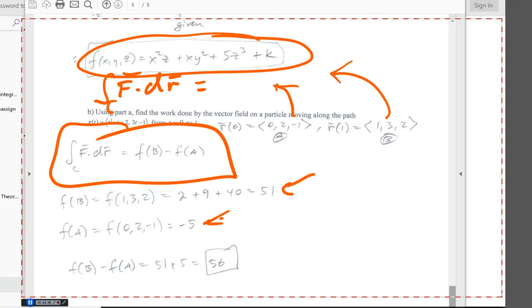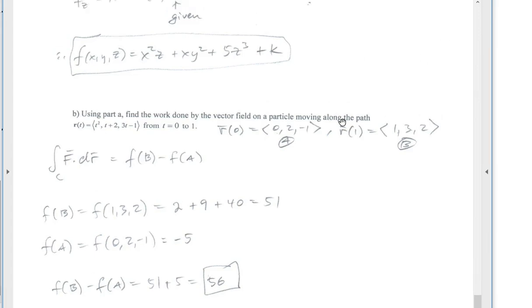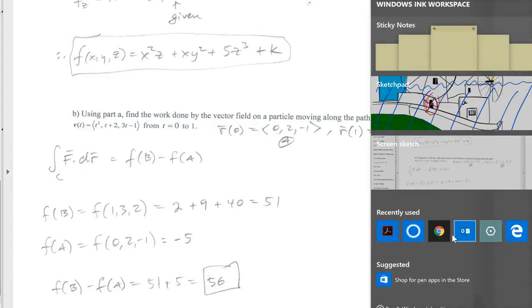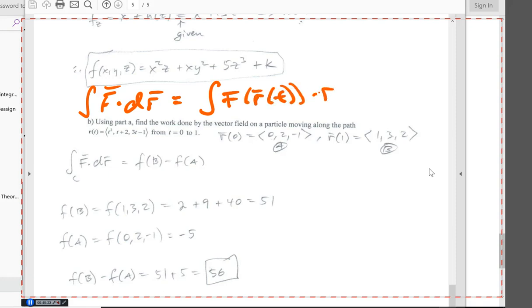What I saw a lot of people doing was going through all this hard work of the integral of F dot dr, which is the integral of F of r of t dotted with r prime of t. This is a lot of work.